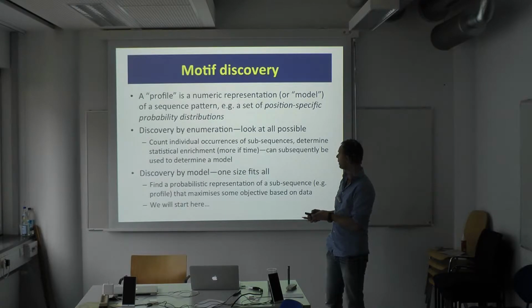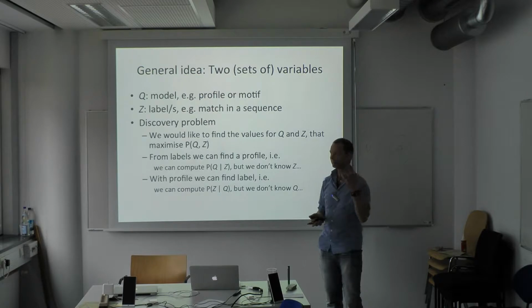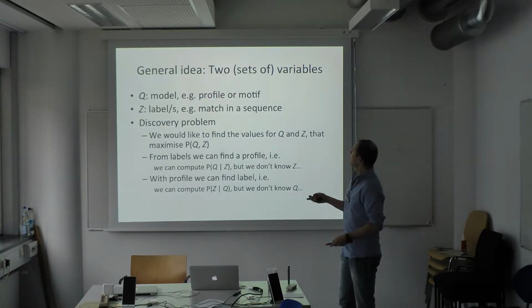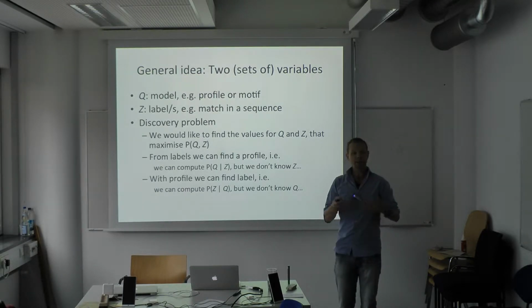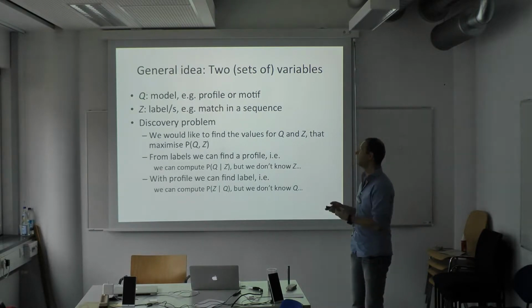Okay. So there is this idea behind quite a few different discovery methods, and we'll define our problem in terms of two variables, or two sets of variables, if you like. One that I'll be referring to as Q, which is our model.